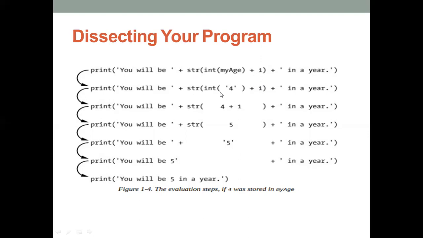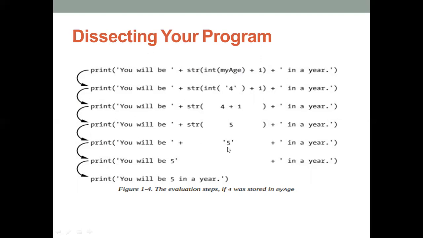So first we converted that into an integer. The string input is converted into an integer in the next step. So 4 plus 1 is 5. This 5 we converted into a string. Why? Because if you directly concatenate a string with an integer, it won't be valid in string concatenation. We can't concatenate a string with an integer.